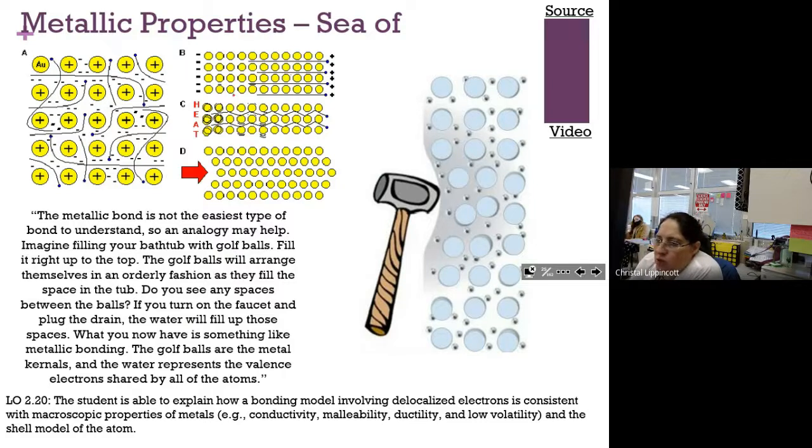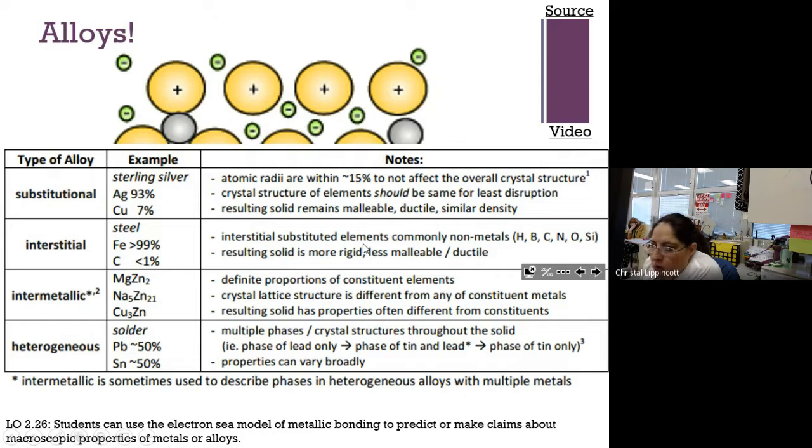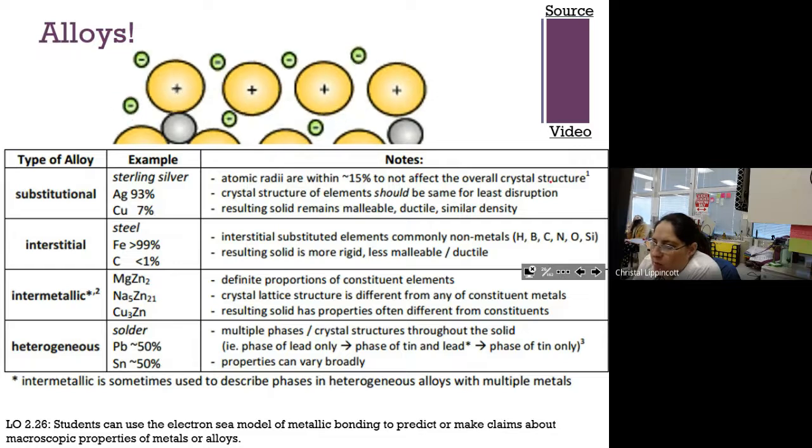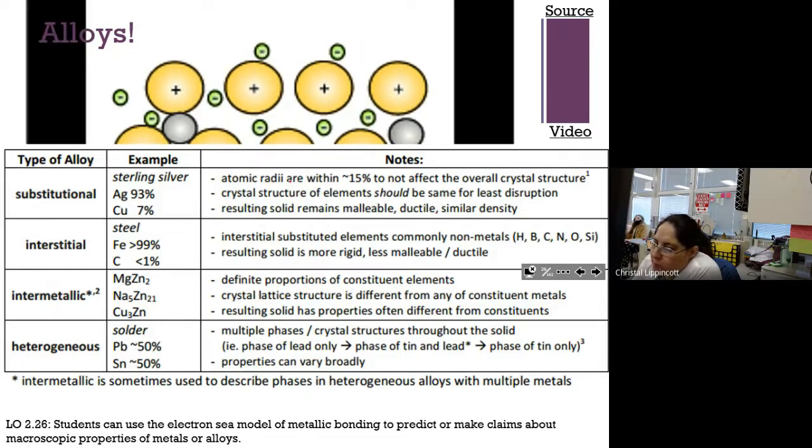That's because you can move these electrons around and shift them, thus allowing these atoms to move and bend. So here are your substitutional alloys, where you've got approximately the same radii or the same size.